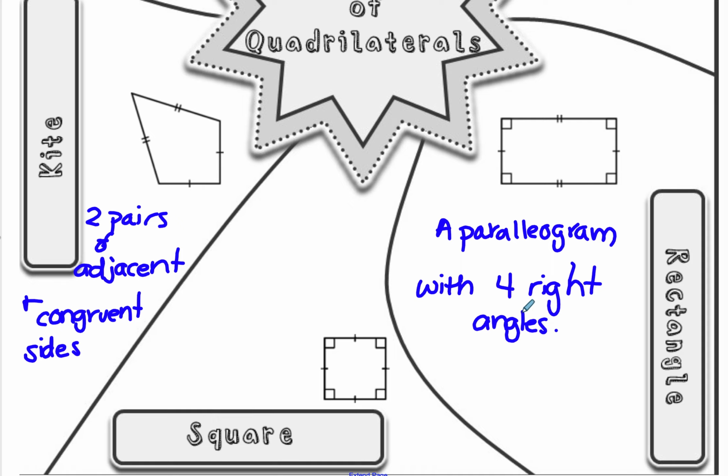If it is a rectangle, it's automatically a type of parallelogram. And then a square combines both the rhombus and the rectangle. So it has four equal sides and four equal angles. So I'm going to write a parallelogram because it's still a type of parallelogram.